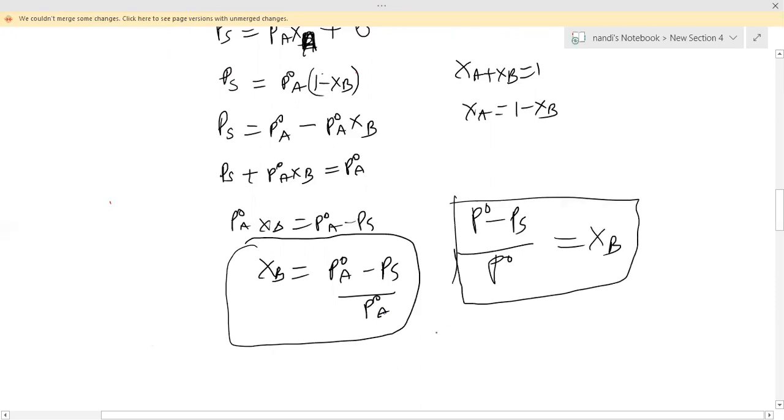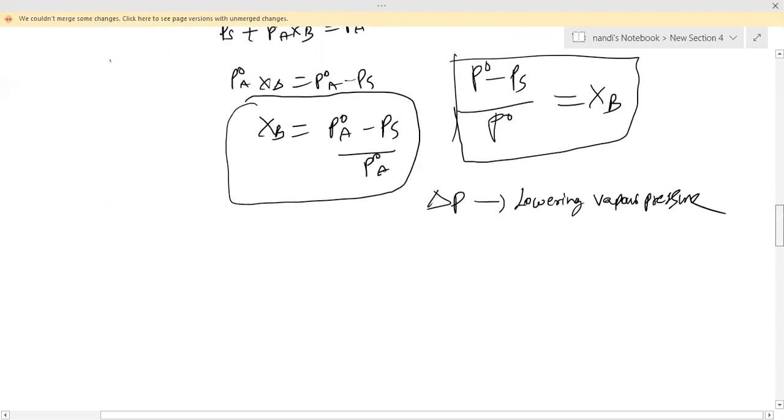Here P naught minus PS we can write as delta P. This is simply lowering of vapor pressure, but this is not a colligative property. Keep in mind, that is also a question. Is lowering of vapor pressure a colligative property? No, that is wrong.